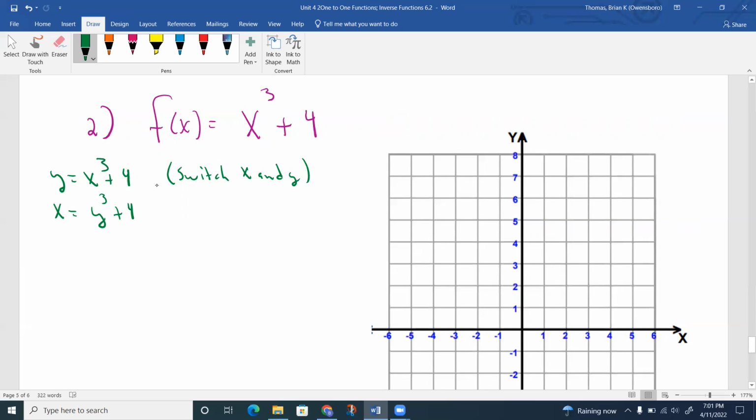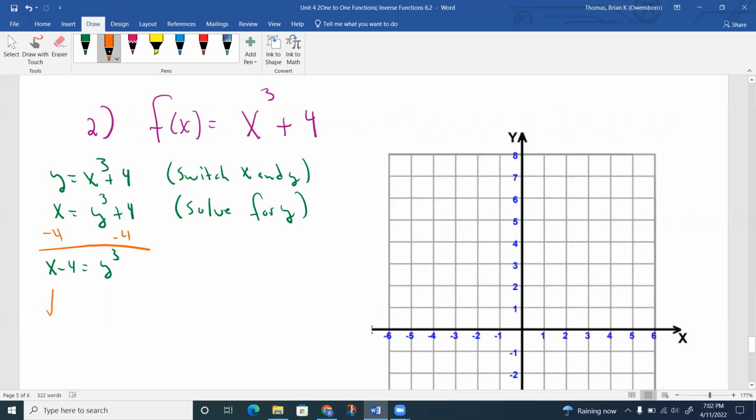Then we solve for y. To solve for y, we have to subtract 4 on each side of the equation. So we have x minus 4 equals y cubed. And to get rid of the cube, we have to take the cube root of each side.